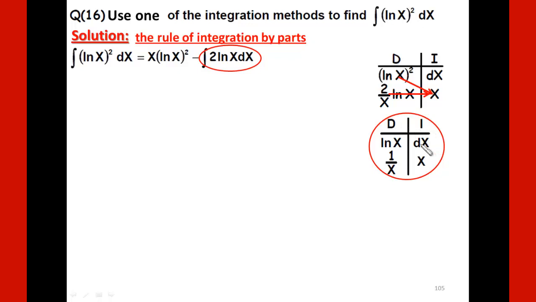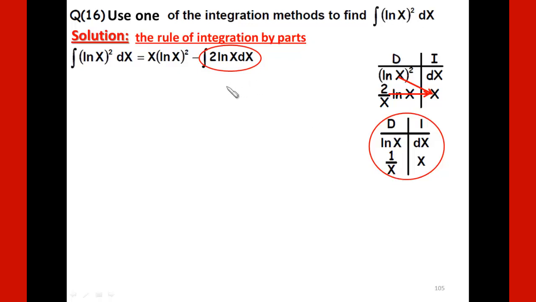The integration of dx is x, and the differentiation of ln x is 1 over x. Always for integration, we choose the easier function, which is dx.